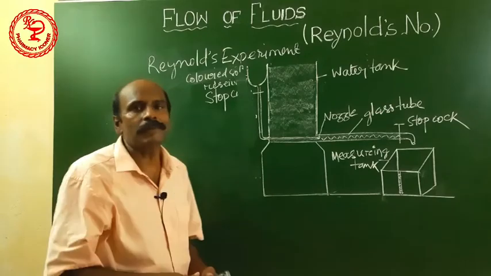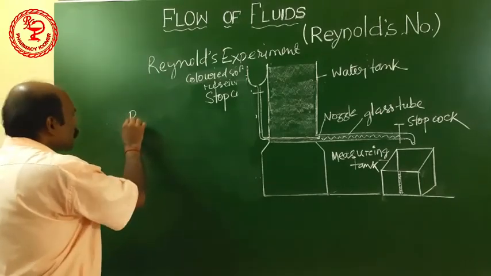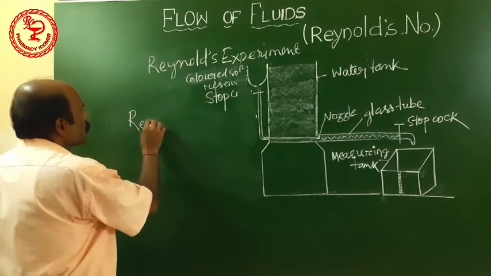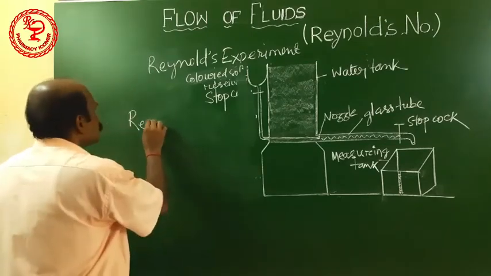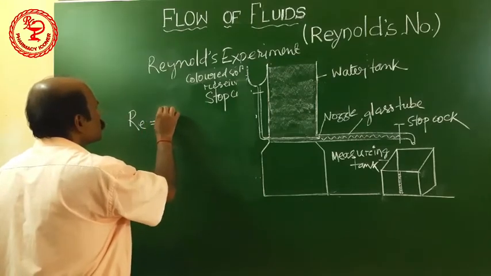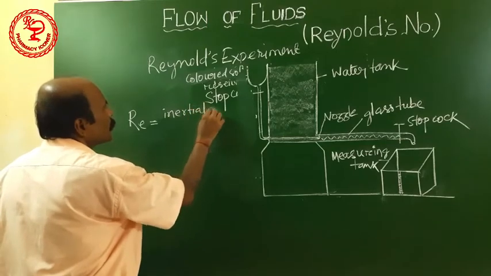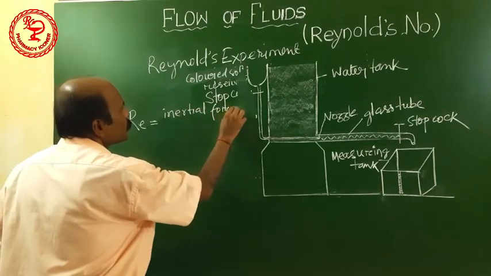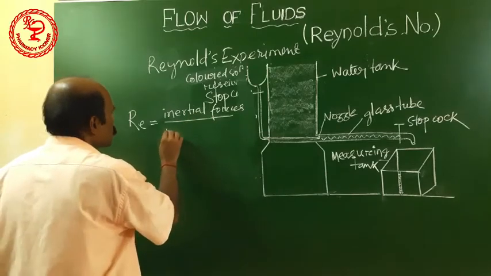Reynolds also observed that the Reynolds number, Re, as he termed it, is equal to inertial forces divided by viscous forces.